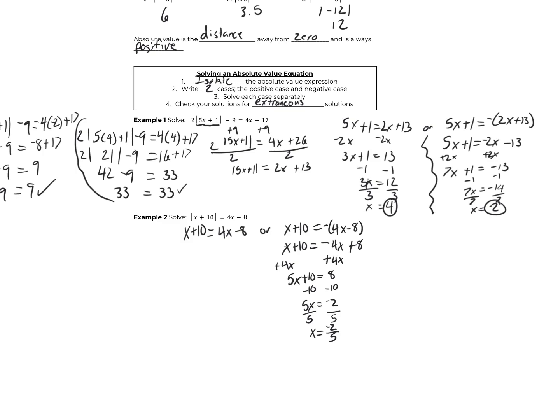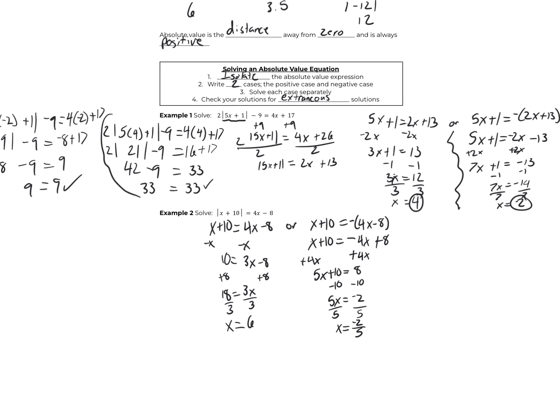On this side, we can subtract an x from both sides to get 10 is equal to 3x minus 8. We can add 8 to both sides to get 18 is equal to 3x. Then divide both sides by 3, and we get that x is 6.